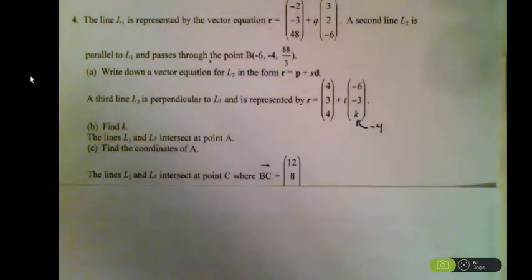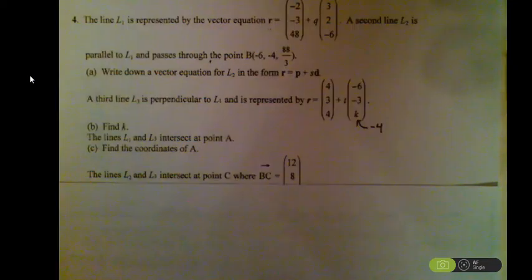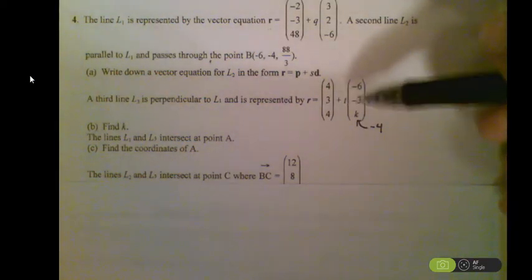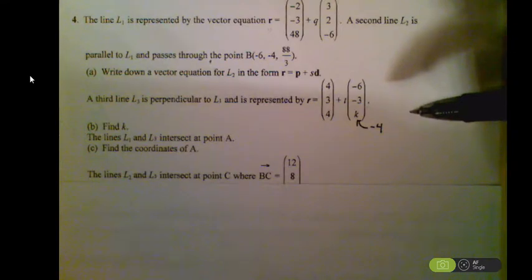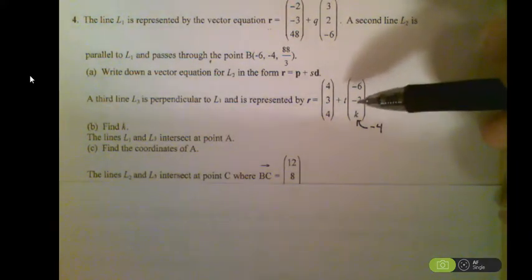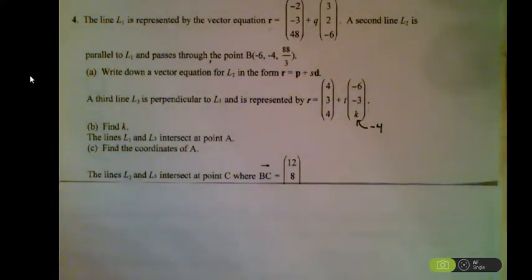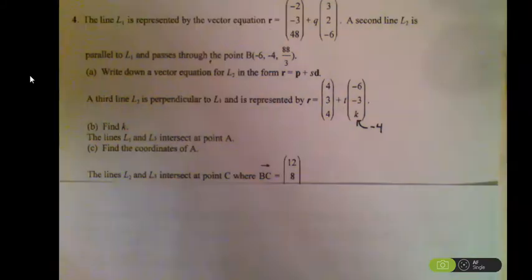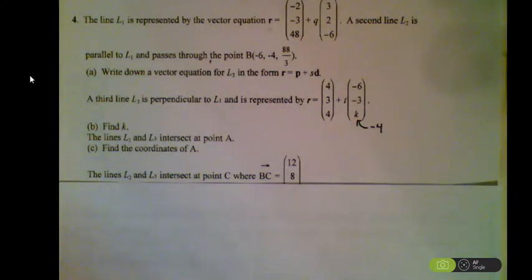It doesn't matter which one, but come up with one of those so that you can plug it back in to get our answer for point A, which is where these two guys intersect. So one thing, again, a common mistake students often make on this is they'll solve for q and t and then they'll be done. So remember, you're not solving for q or t. You have to plug that back in order to come up with your answer for point A.